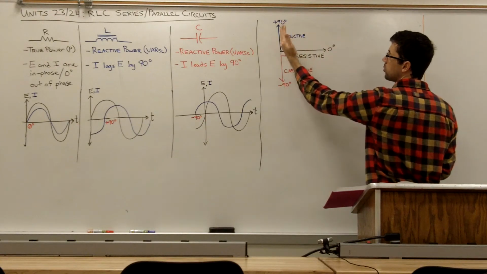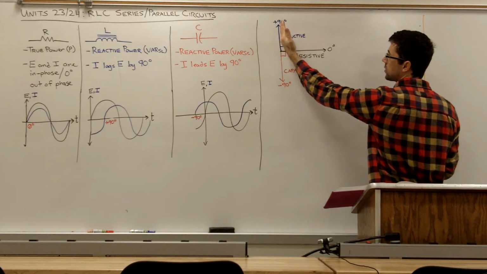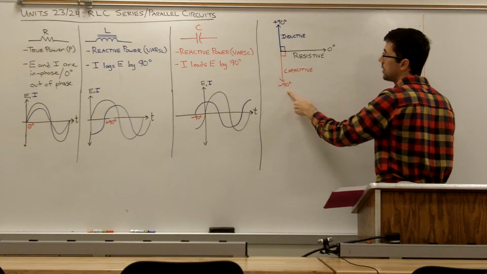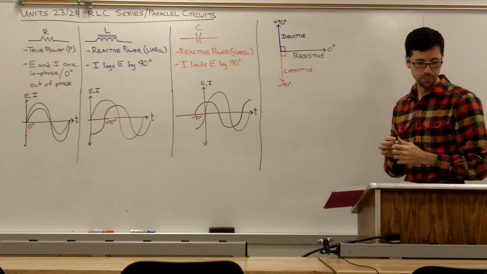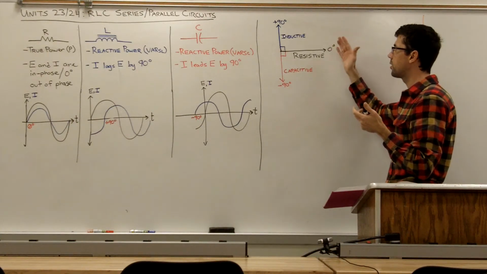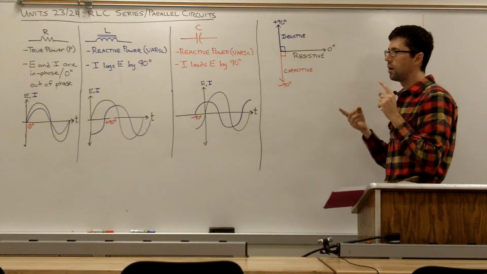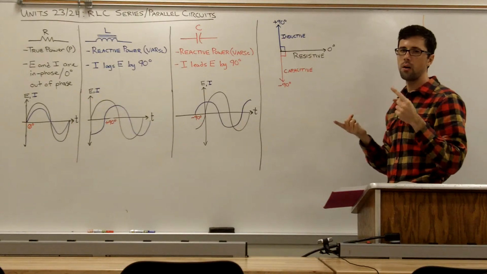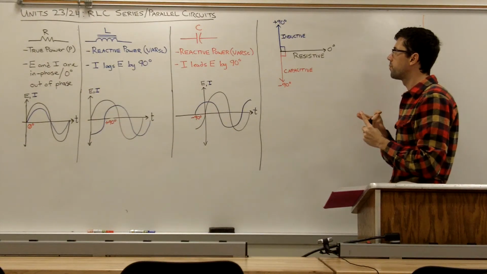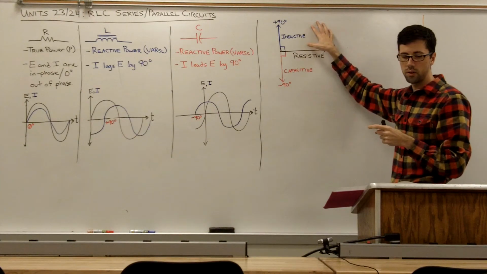Any inductive values we put at positive 90 degrees. And any capacitive values we take to be at negative 90 degrees. This is true for all related values. So any inductive value, like inductive reactance X sub L, or the reactive power for an inductor, bars L, will all be at positive 90 degrees.